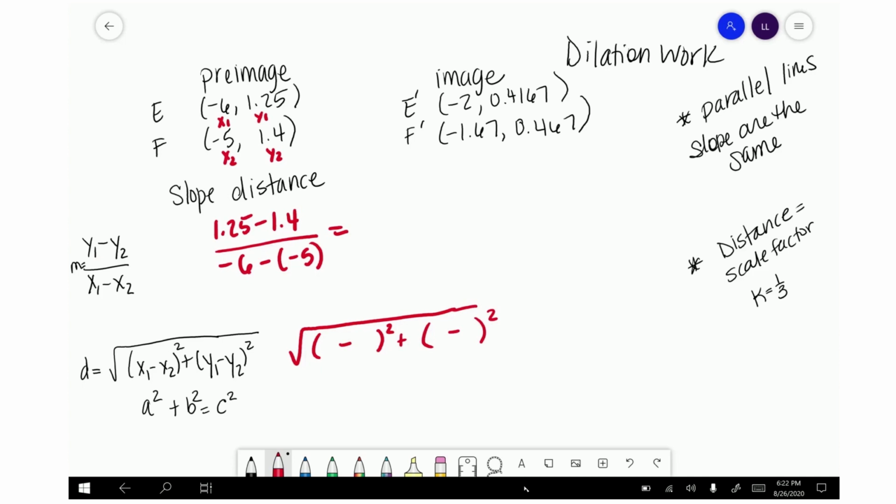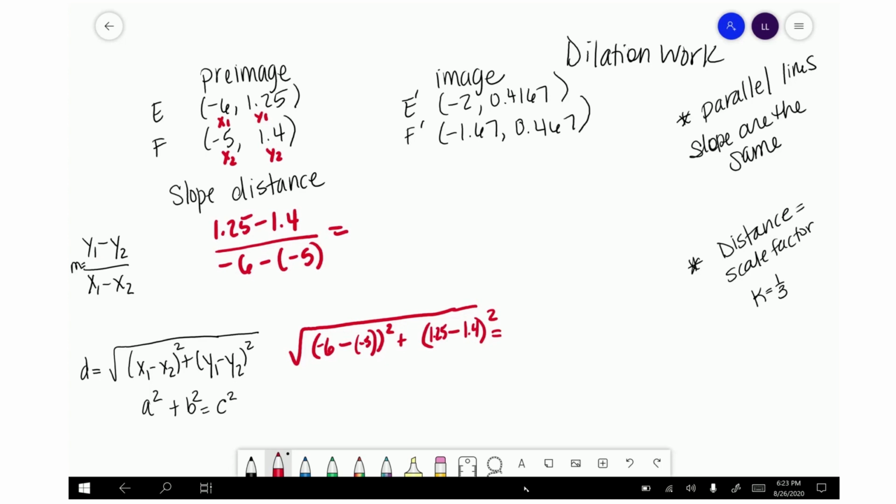So x1 is going to be negative 6, x2 is going to be negative 5, y1 is going to be 1.25, and y2 is going to be 1.4. For the sake of time, I'm not going to work it out, but that's how you set up the problem.